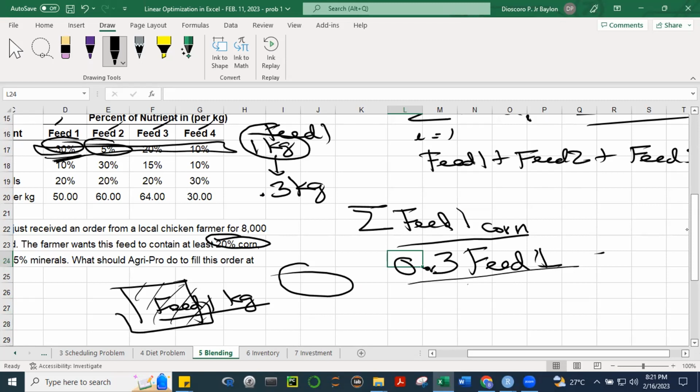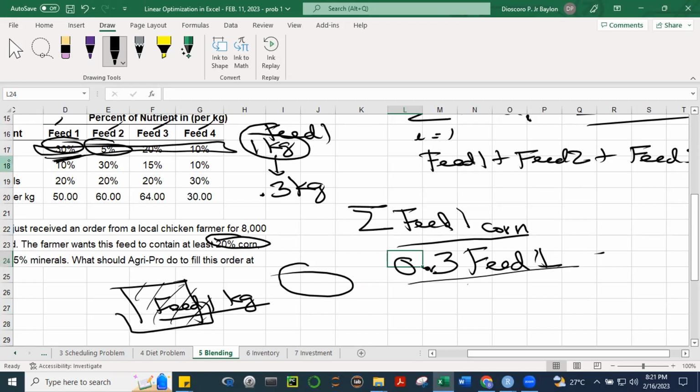Do I make sense, class? Tama ba? Is it correct? 1 kilo of feed 1 will generate 0.3 kilos of corn.